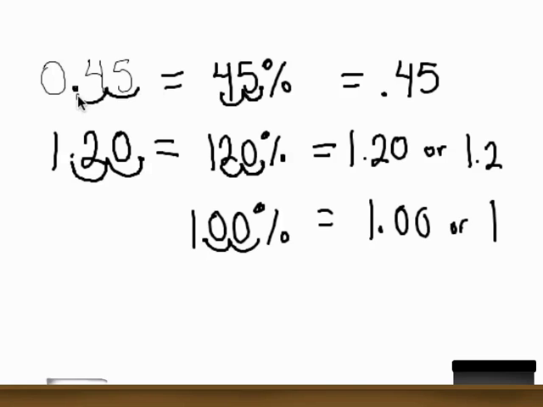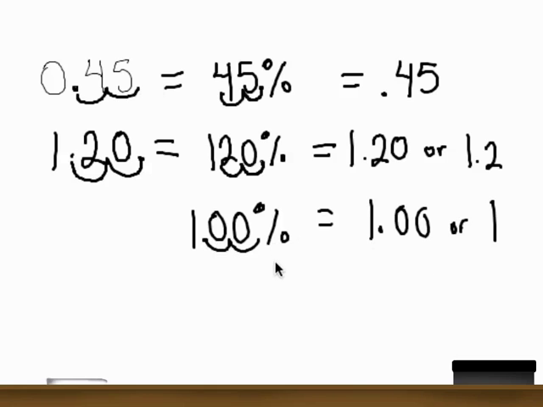So whenever we want to get a percentage, all we're actually doing is multiplying by 100. The same thing goes in reverse. Whenever we want to get a decimal out of a percent, all we're doing is dividing by 100, which is the opposite of multiplying.